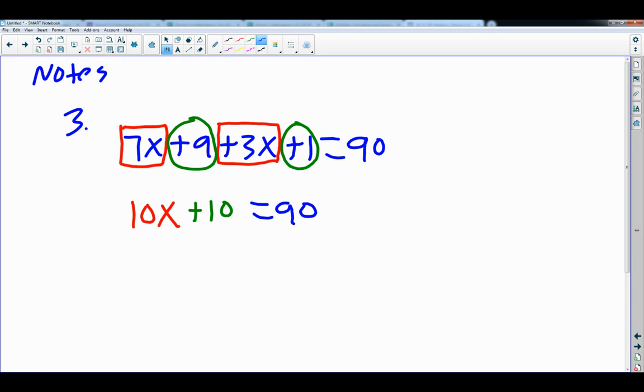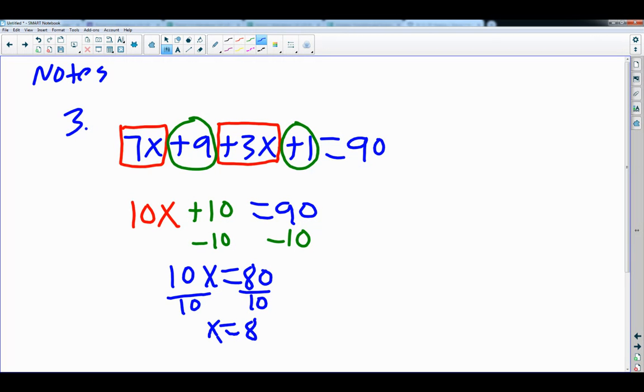Now again, we're going to solve like normal. We're going to start with the green 10. So we're going to minus 10 from both sides. We'll get 10x equals 80. And we'll divide by 10. And x will be 8.